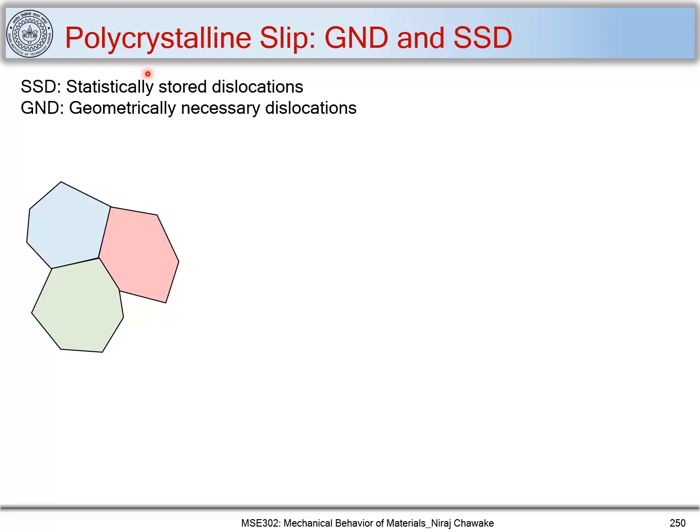Now let's consider we have a polycrystalline material and we have these 3 grains which have different orientations. So you have these boundaries here, and let's apply some stress. Let's try to deform this polycrystalline material. Now what will happen? There will be a slip occurring on these grains based on their orientation or Schmidt factor.